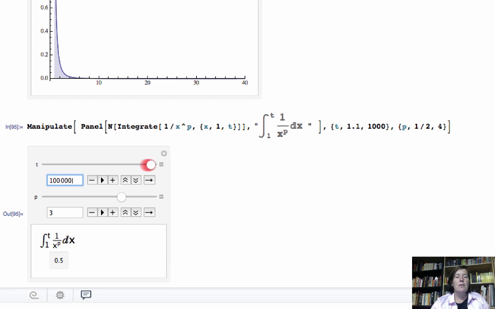You can definitely see that 0.5 is an upper bound, and in fact at this point, as far as Mathematica is concerned, the integral from 1 to t of 1 over x cubed is 0.5. So it is very different behavior than the integral of 1 over x from 1 to infinity. This one converges, the other one does not converge.